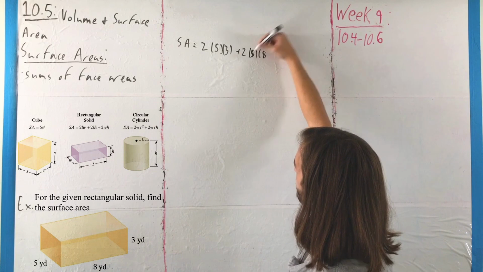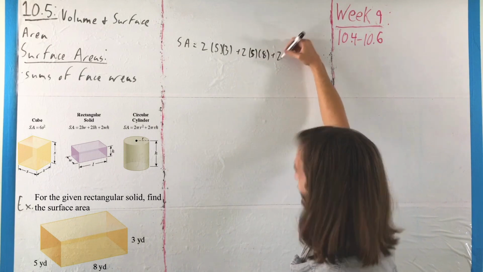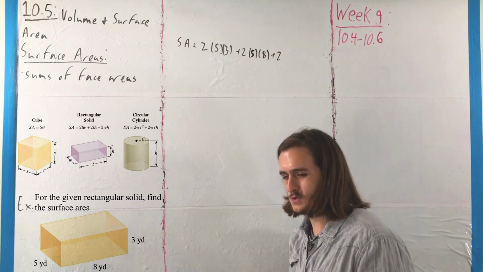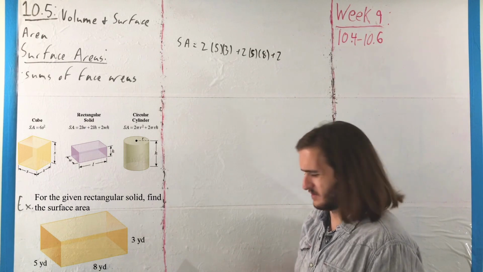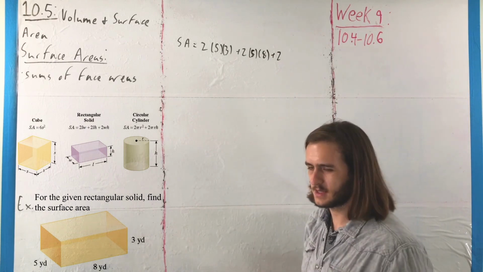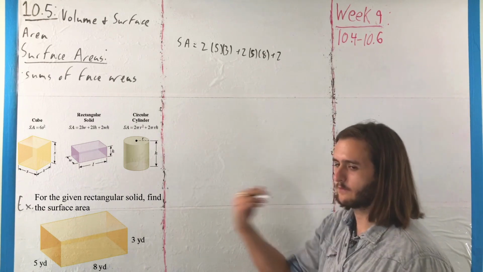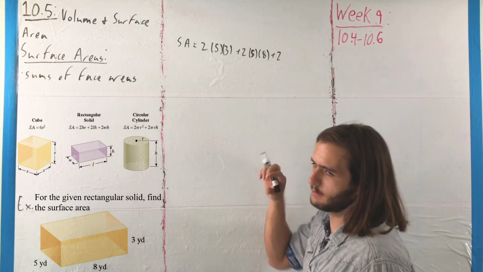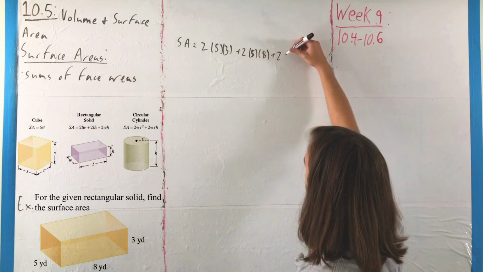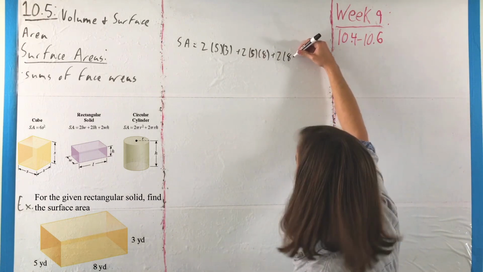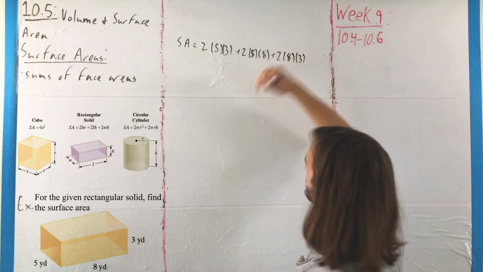Then finally, we have 2 width and height faces. The last pair is going to be in terms of the 8 and the 3, so that's going to be more like the front and back, but it's just a matter of arrangement and spinning. Point is, we'll have 2 8 times 3 types of faces.